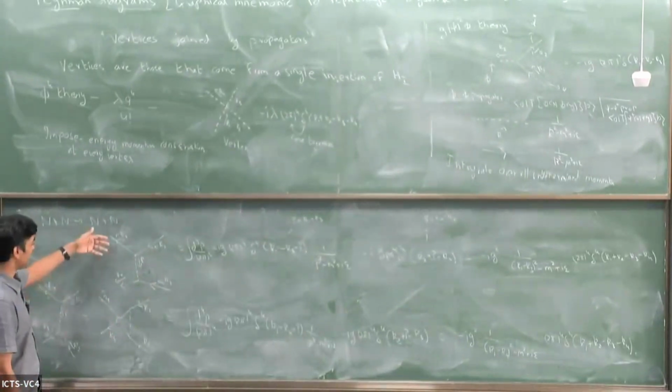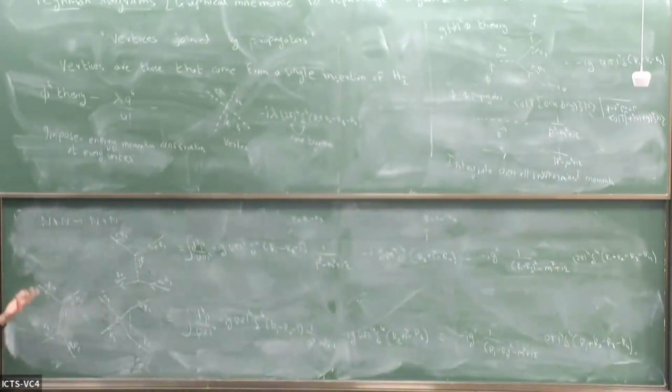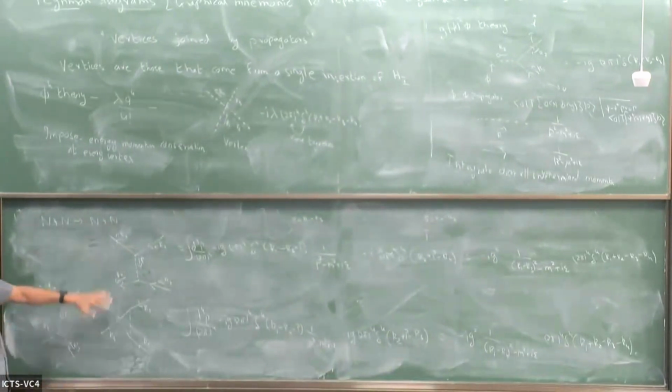These two diagrams always occur whenever the two final states are identical. Because remember, the particles are indistinguishable. So it doesn't make sense to say that this particle K1 is the one which went into K3 after exchange, because it could well have been the one that went into K4. There is no real distinction between this final state and this final state here. So these kinds of things always occur.